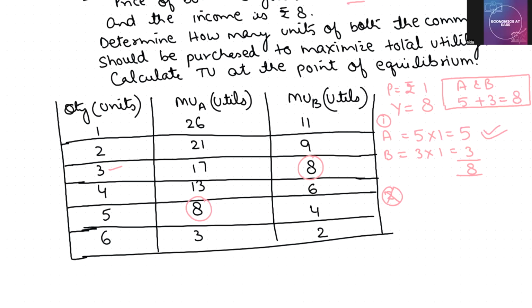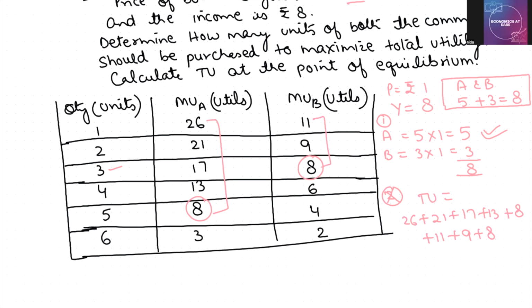In this way, the person is getting the maximum total utility, or consumer's equilibrium. Okay. Now how much will the total utility come to? 26 plus 21, up to as far as he has consumed, plus 17 plus 13 plus 8 plus 11 plus 9 plus 8, that is the summation of your total utility, the summation of MU.